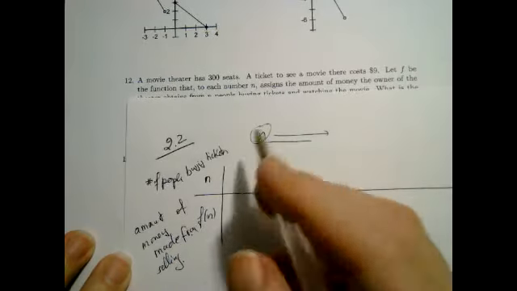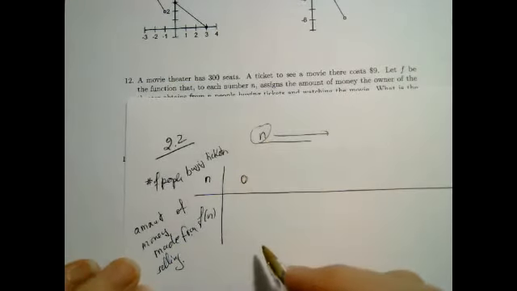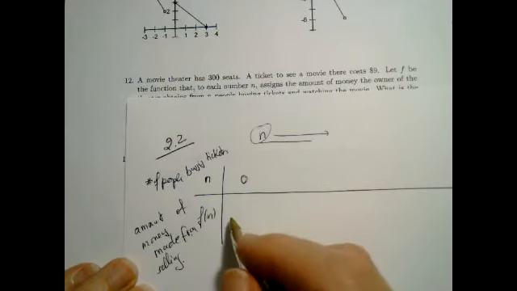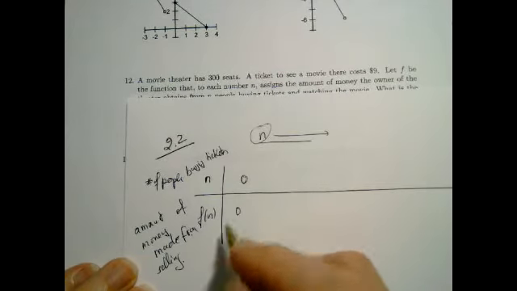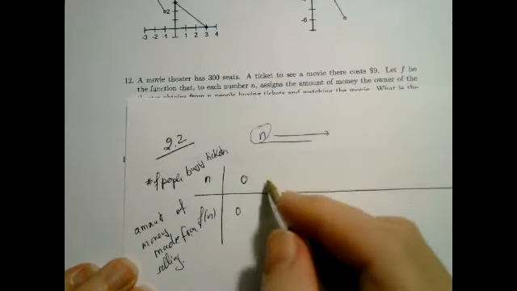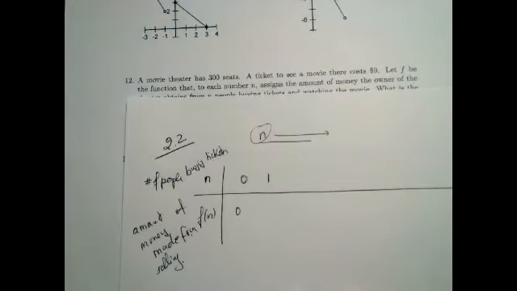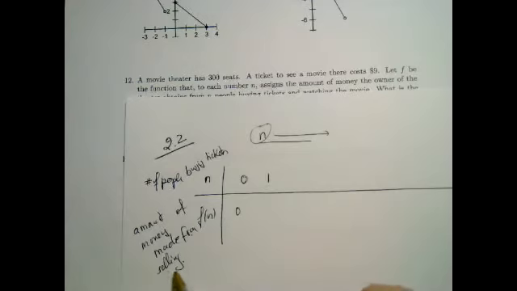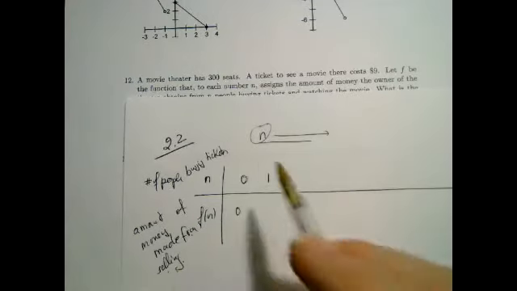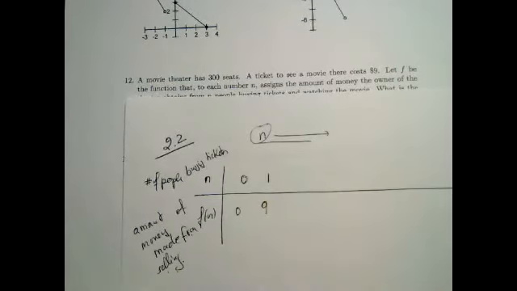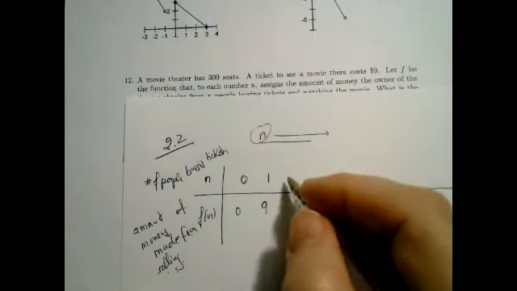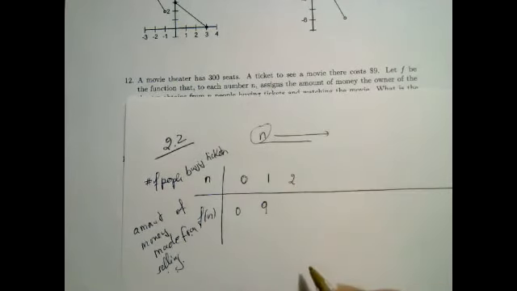So if 0 buy the ticket, how much money? 0. If only one person shows up, imagine COVID-19, very few people are going to the movie theater. If one person shows up, how much money is the theater owner going to make? Nothing more than 9. If 2 people, how many?